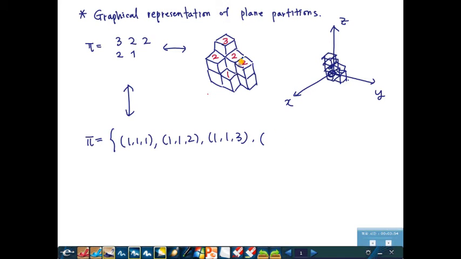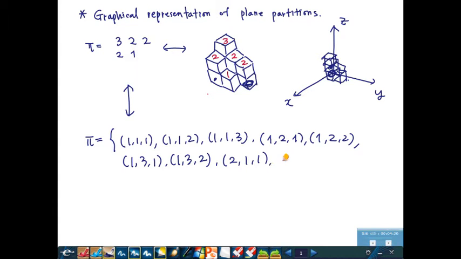And for this, can you tell me the coordinate of this box at the bottom? 1, 2, 1. And for this, 1, 2, 2. And for this? 1, 3, 1; 1, 3, 2. And for this box, 2, 1, 1; 2, 1, 2; and this 2, 2, 1, like this. So we can think of this as a set of coordinates. Of course, the coordinates have to satisfy certain conditions.